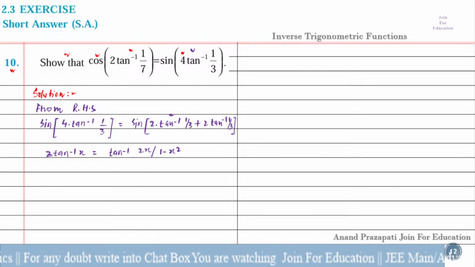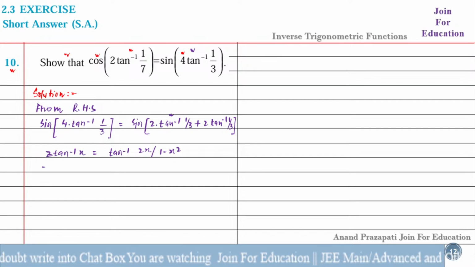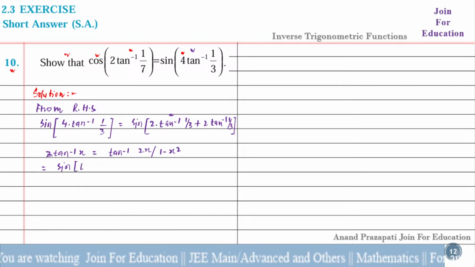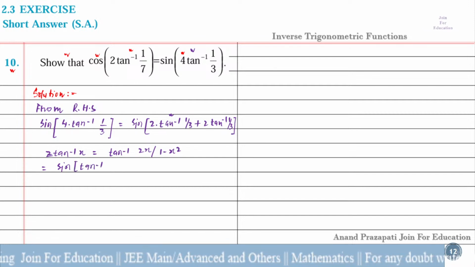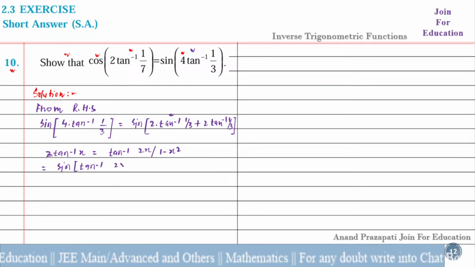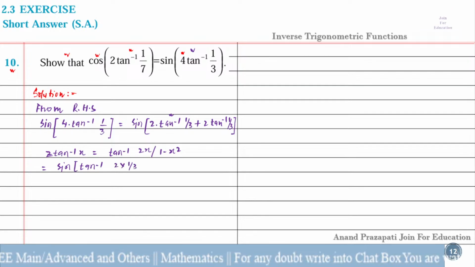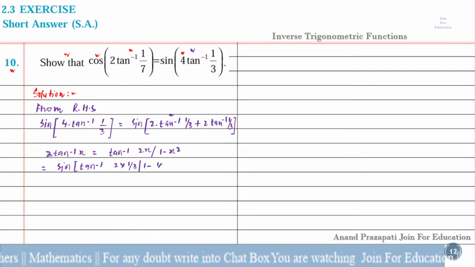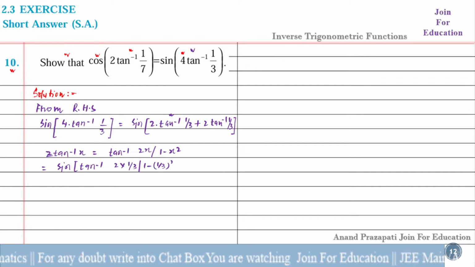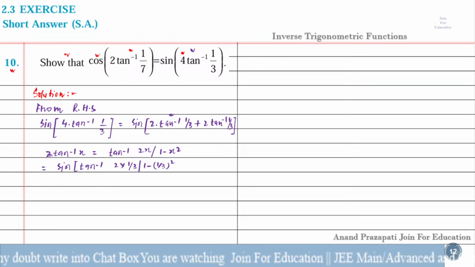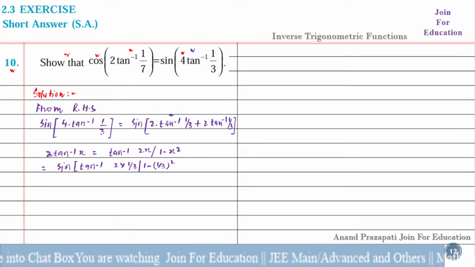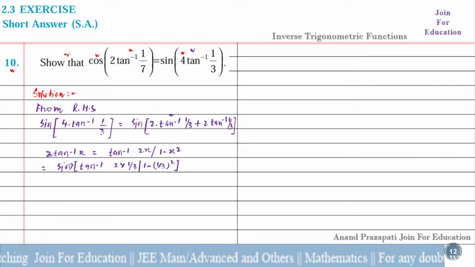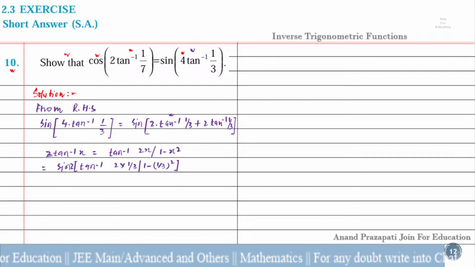According to this formula, the next step here will be sin, and we write down here tan inverse 2 into 1 by 3 by 1 minus 1 by 3 whole square. Someone is repeated here, so we write down here 2. After there is no problem to understand up to this step.